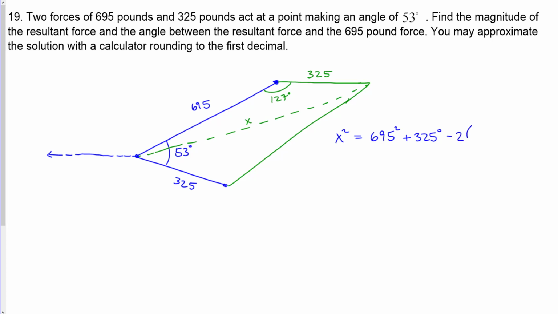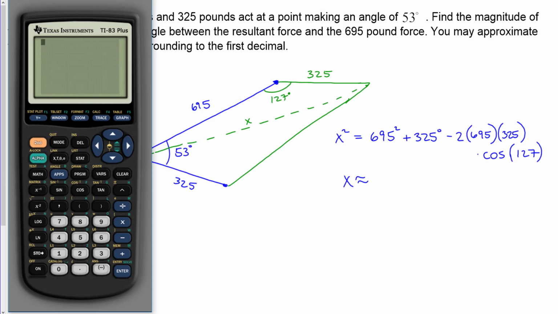So minus 2 times 695 times 325 times the cosine of the angle between, which is 127. So that I need to put into the calculator, and I'll get an approximation to what x is.